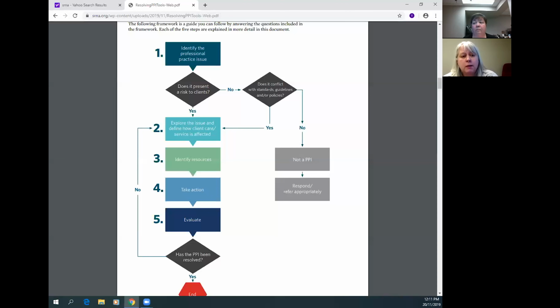And so really being able to kind of extract out all of those emotions and look at something concrete, something that, when you look at the standards and you look at what a reasonable and prudent nurse should be doing, and you look at what's happening in your workplace, it allows you to really kind of say, okay, here's what I am supposed to be doing, here's what actually is happening, and here's how those two things don't allow me to do what I'm supposed to do, right?